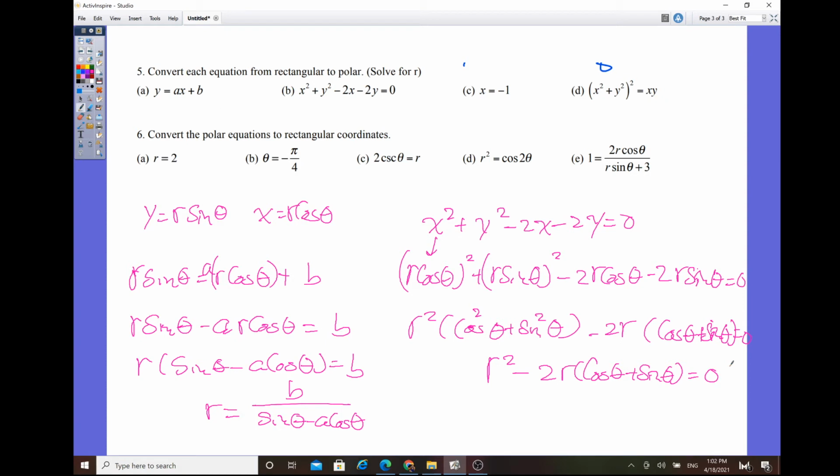So r is just the variable, so from here you want to solve for r, so you probably have to complete the square for this. Think about the way to complete the square. So r squared, we need to divide this coefficient by 2, and then quantity squared, so it's 2 times the quantity cosine of theta plus sine of theta divided by 2, quantity squared.